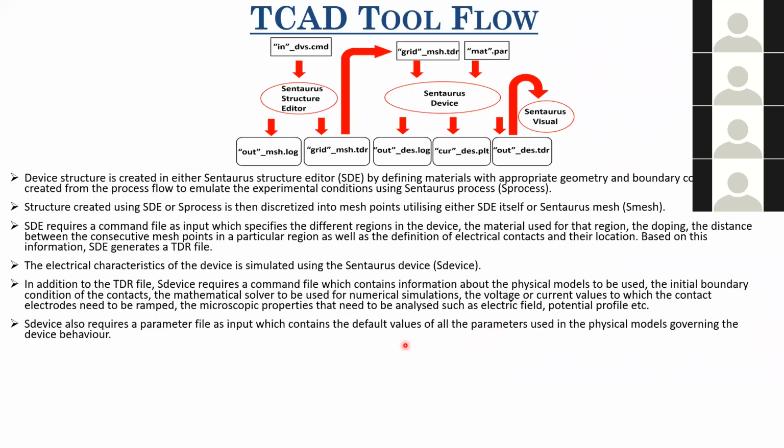So there are some default parameters which are already present in the simulator, but we have to tune them in order to match the experimental data which are recent. So for that, S-device also takes in this parameter file as an input, and we have to change those model parameters in this parameter file, and then we can feed it to this Centaurus device simulator. So that is also one of the inputs given to the Centaurus device simulator.